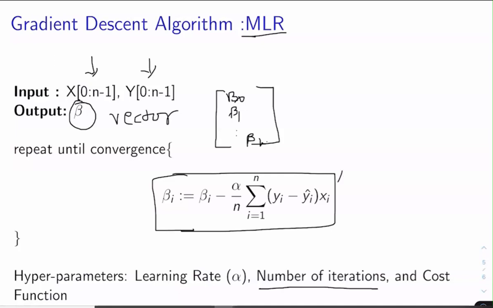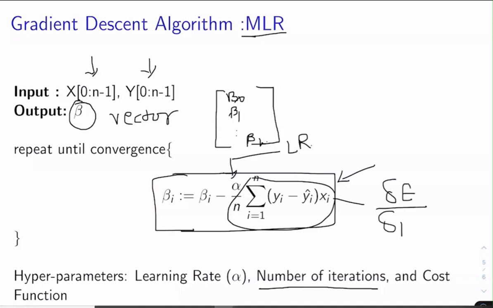Here alpha is our learning rate, and this equation other than alpha gives us the partial derivative of error with respect to beta i, which is nothing but the gradient. This gradient gives us the direction in which we want to go, whether incrementing or decrementing the guess value of beta.